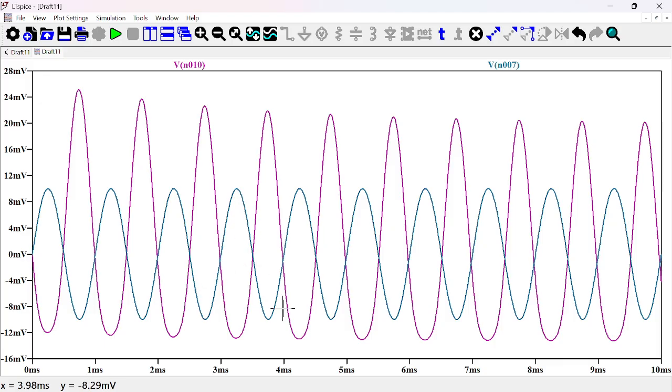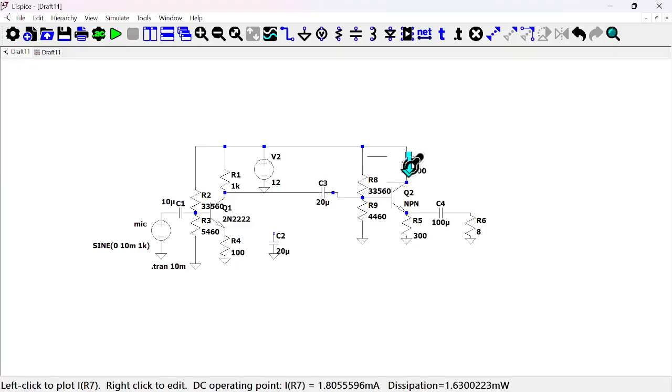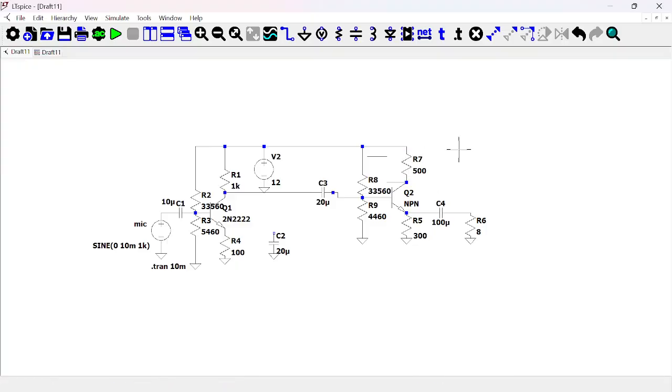We have seen that we got some gain, not much, but at least it's better than connecting the speaker directly to the emitter stage. In that case, the signal was attenuated. So this still needs some improving, and I'm sure we would try and improve upon it in the next video. So until then, goodbye.